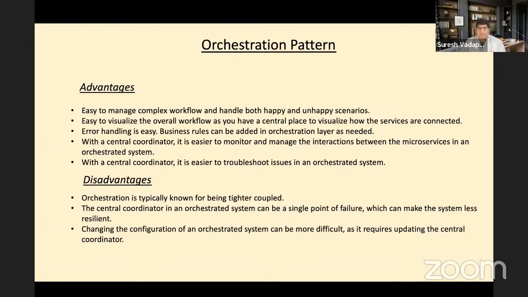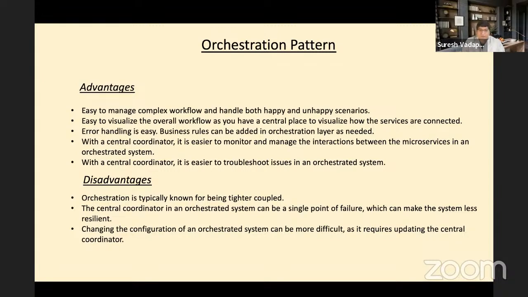So if a second or third service is down, it's not a single point of failure. Maybe your entire workflow may not happen, but parts of it are still working, which you can recover, scale and handle properly. So the disadvantages here are the tightly coupled nature, the single point of failure, and that it can make the system less resilient.